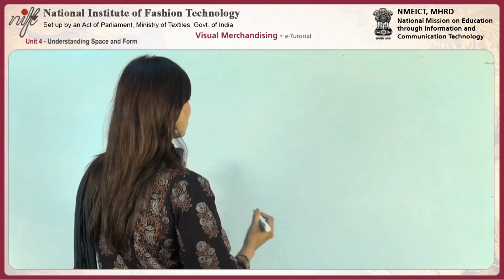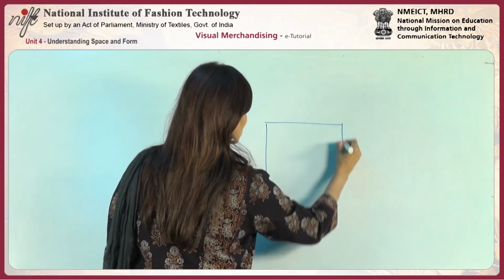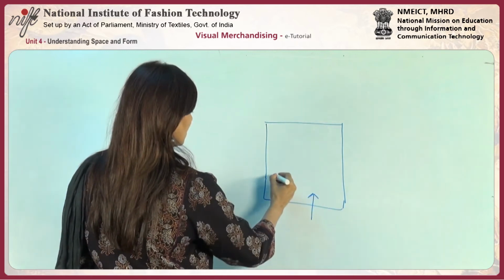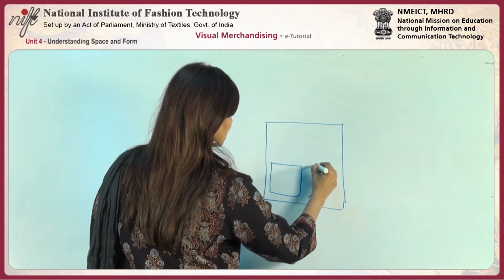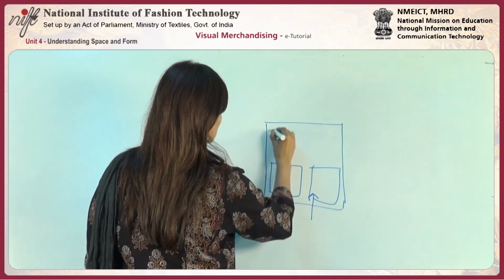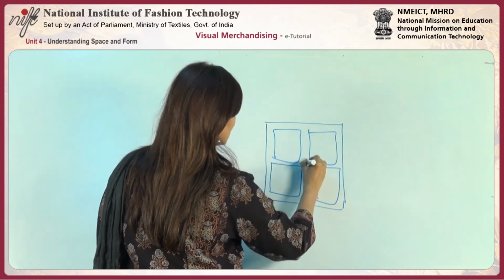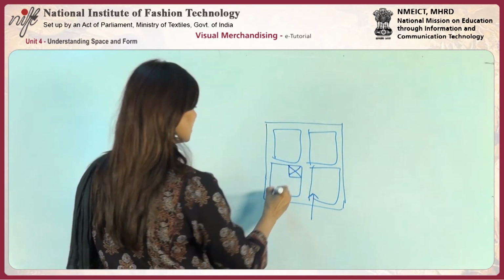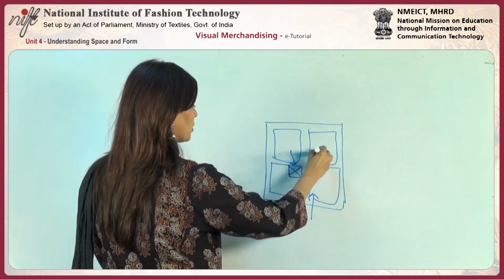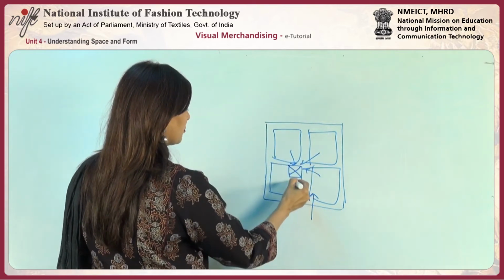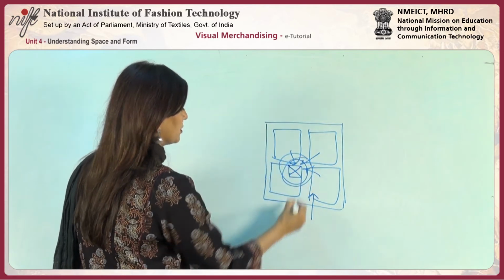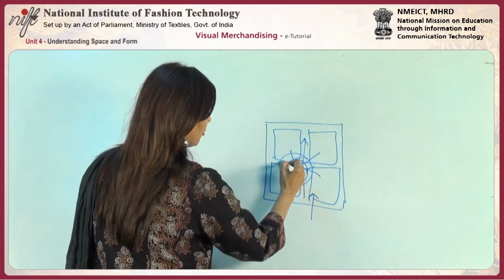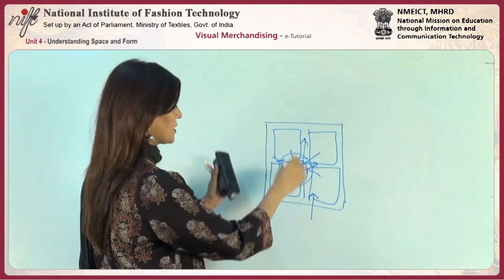Say, for example, if this is my store and this is my entrance, and I have my counters in these areas. Suppose I put my billing counter here thinking that it is closer to all the counter areas, but this would create confusion because the billing counter would be on the way of the people or the traffic that would be moving inside the store.